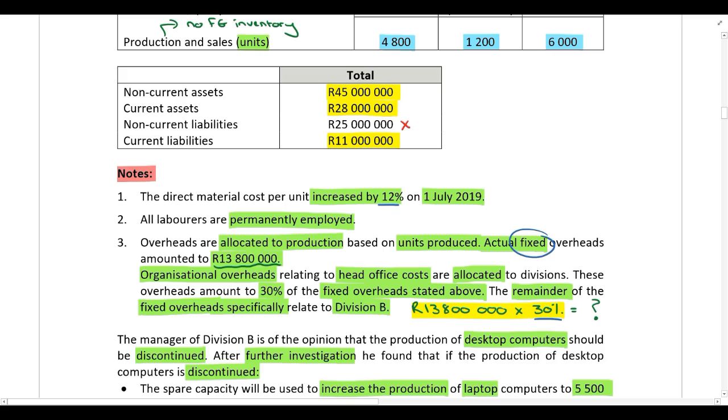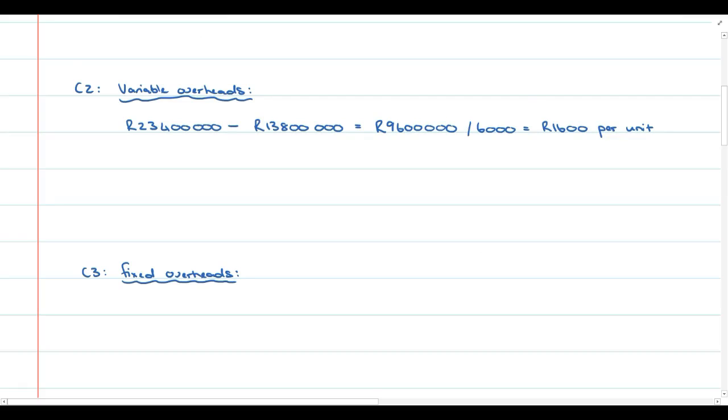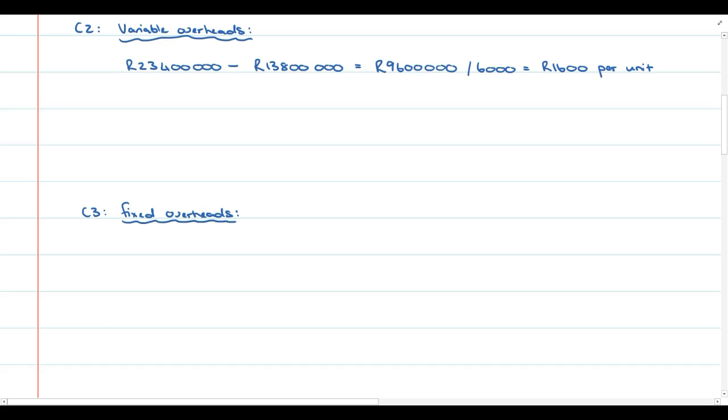And that's 30% of the total fixed overhead. So let's split this out. We have allocated head office costs, which are 30% of the total fixed overhead.